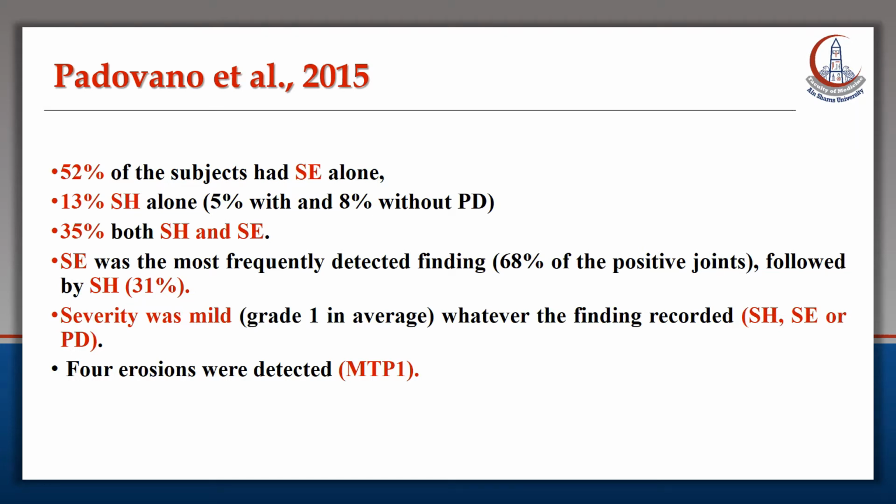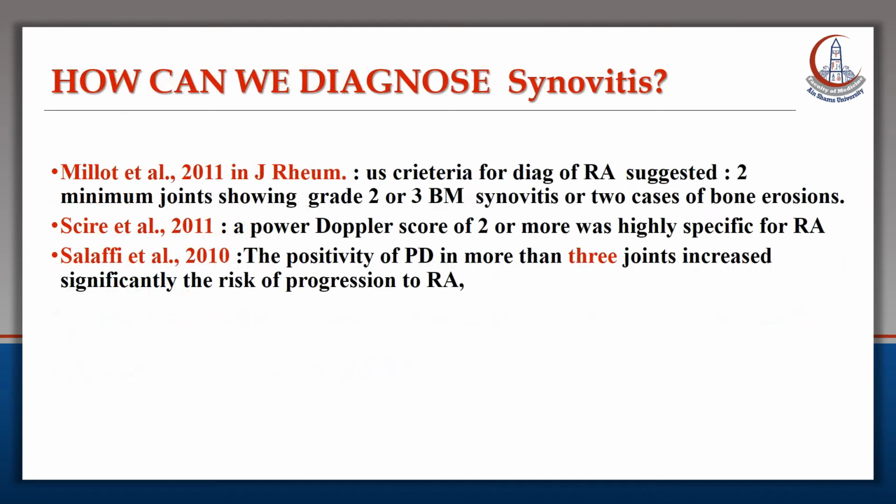The most important finding is that severity was mild, meaning grade 1 on average, whatever the finding recorded. This means synovial hypertrophy, synovial effusion, or power Doppler signal, the severity was mild, only grade 1. This means that grade 1 synovitis, whether synovial effusion, synovial hypertrophy, or power Doppler, is not valid for diagnostic purposes for pathologic synovitis.